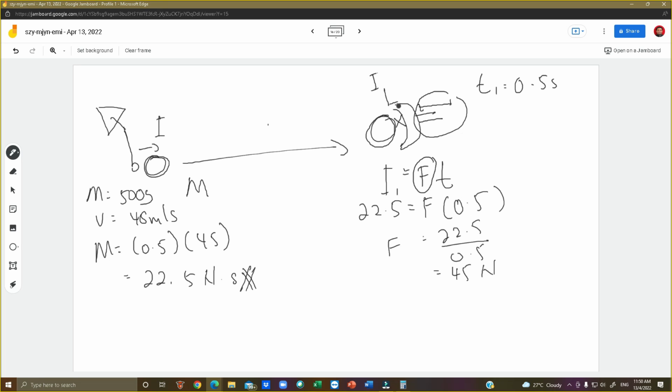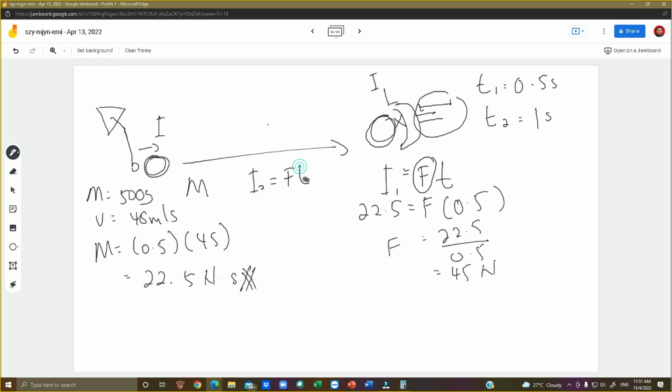We give the keeper gloves, which will absorb, meaning that the time taken will be prolonged. So the second technique, by using gloves, the time taken now becomes 1 second. For the ball to contact and stop, it takes 1 second. So now let's calculate I2.